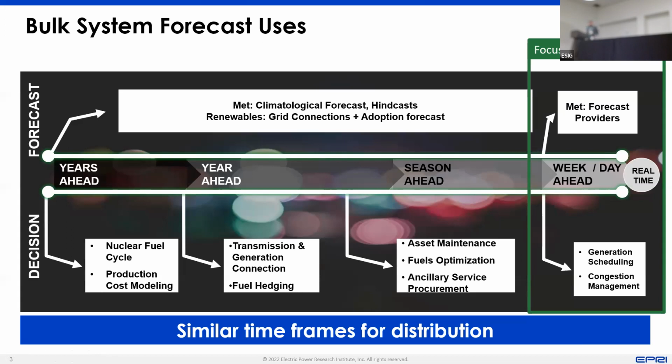For the power system, we look at forecasting years ahead to support things like what the load is going to be, what the adoption of distributed resources or electric vehicles will be, and how we build a system that can manage that: generation, transmission, distribution, resource adequacy and transmission planning, even down to the nuclear fuel cycle and production cost modeling.